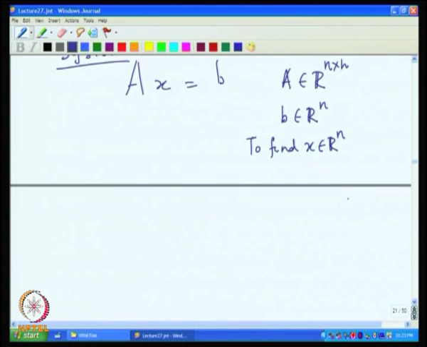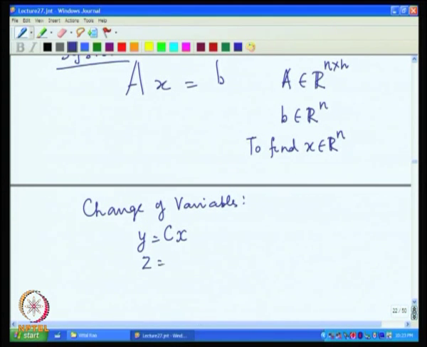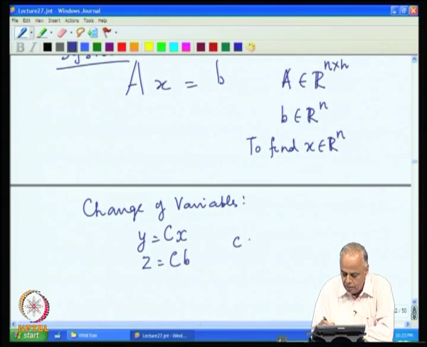We said we want a change of variables, because diagonal systems are easy. So, we want to change variables to bring it to a diagonal system. We said y equals C x, z equals C b, where C is an n by n invertible matrix.